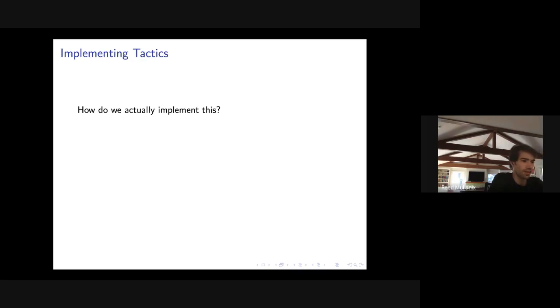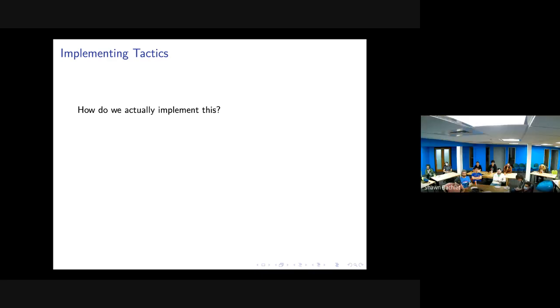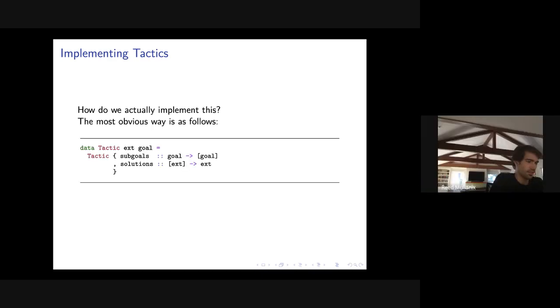So okay, we've got our composition behavior sort of figured out. How do we actually implement this? The really naive way of doing it is you have two functions: one that decomposes the goal into lots of smaller goals, and one that glues those solutions back together. But this is kind of bad in a couple of ways.